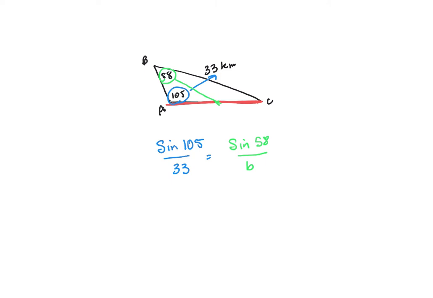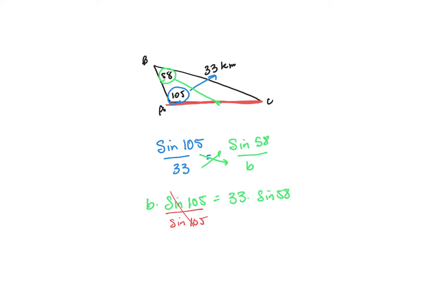When I cross multiply here, I end up with b times the sine of 105 equals 33 times the sine of 58.